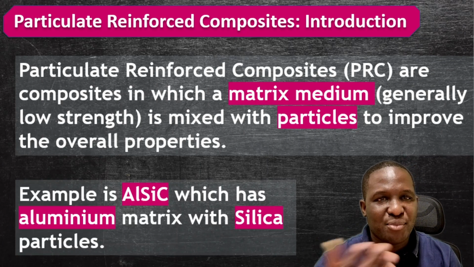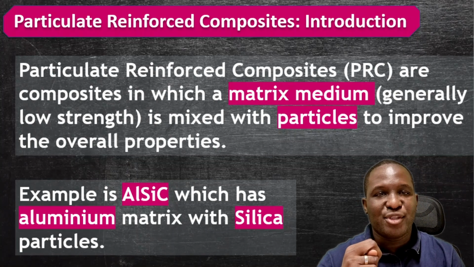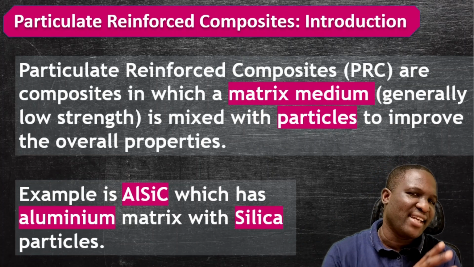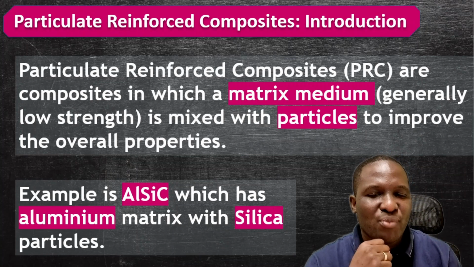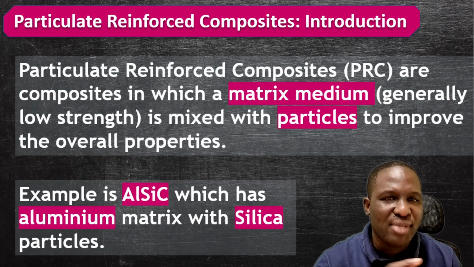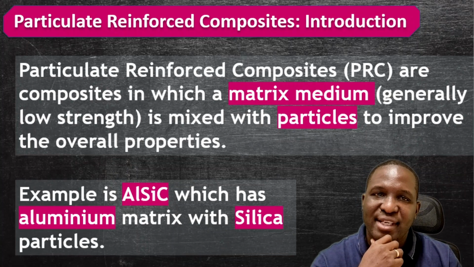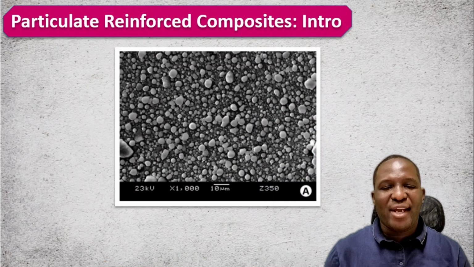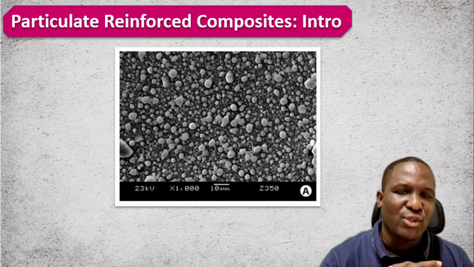A quite common example of a particulate composite is aluminum silica, which has basically an aluminum matrix with silica particles, a bit like sand particles. You mix them together, enhance their properties, and then use it in different applications as you would want. I picked up a micrograph to illustrate this principle, especially for a compacted composite.